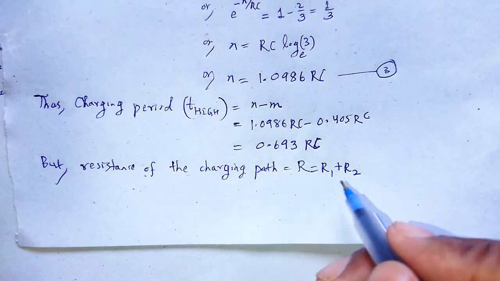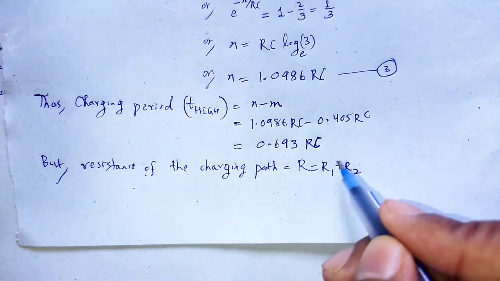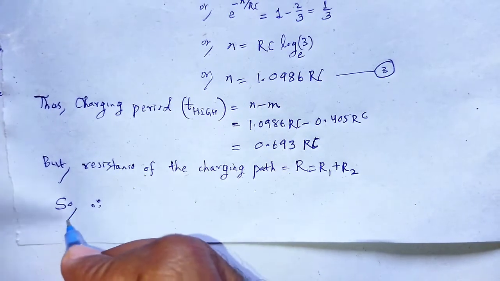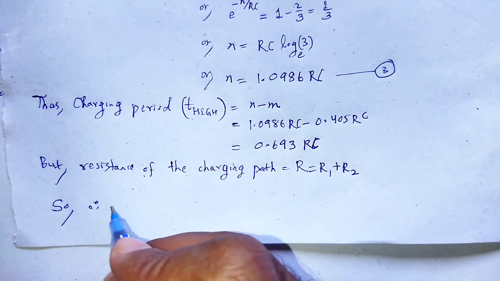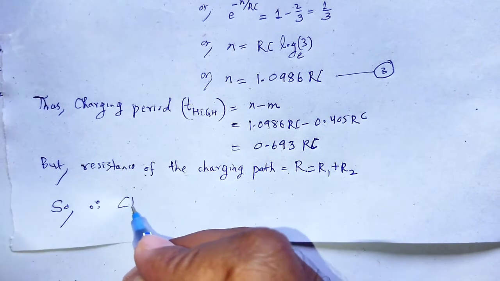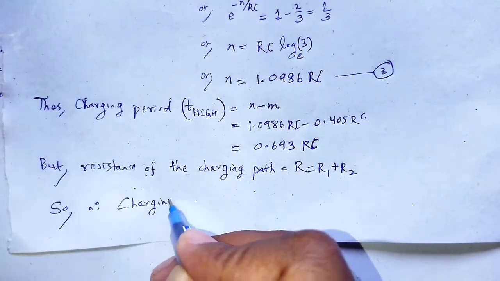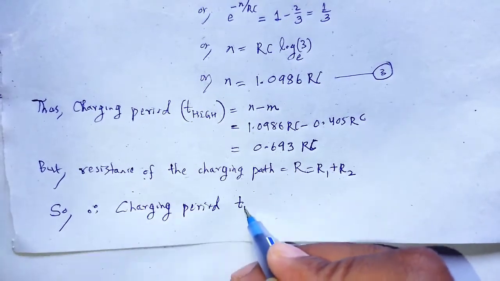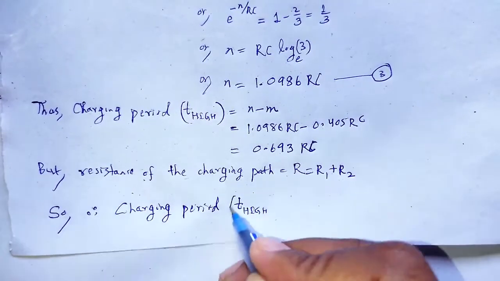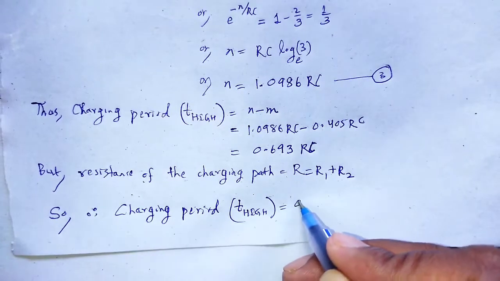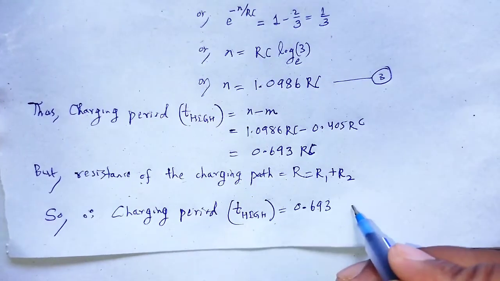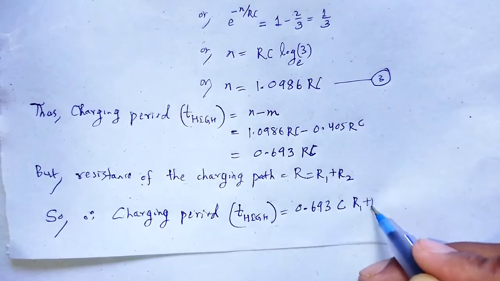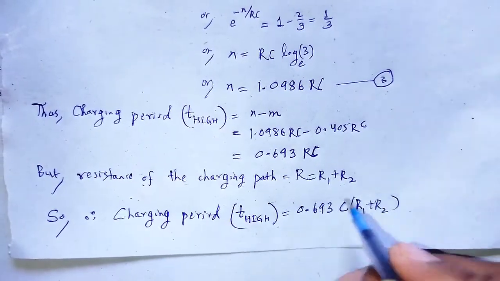Therefore in place of R we substitute R1 plus R2, so the charging period T high is equal to 0.693 C times, in place of R, R1 plus R2.